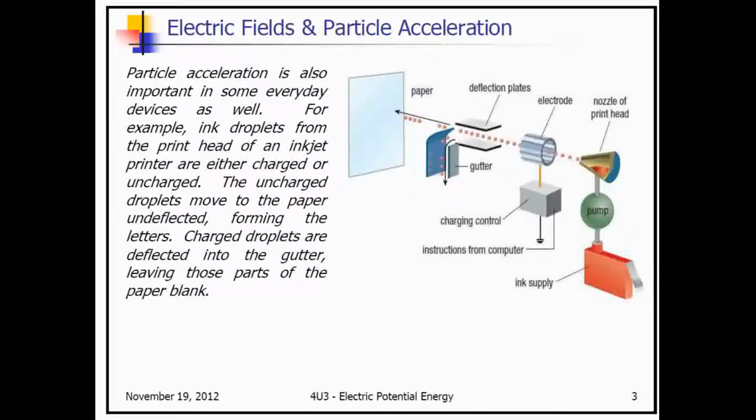If you have an inkjet printer, the ink moves to the paper. Basically, the ink droplets are charged, and depending on the electric field, the droplets are either allowed to go through to the paper, or they are attracted to a gutter, which deflects those charged ink droplets down to be collected and used later.